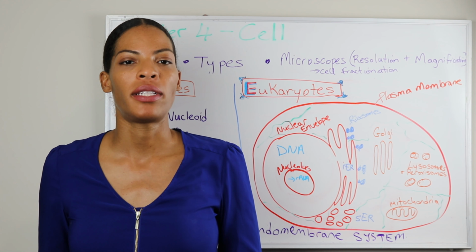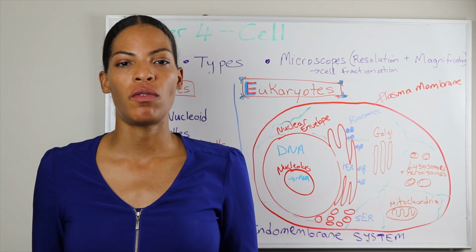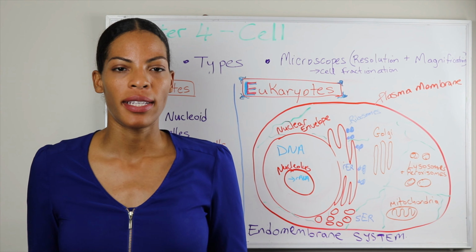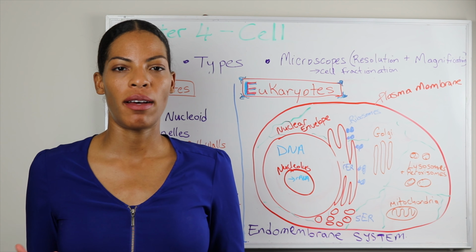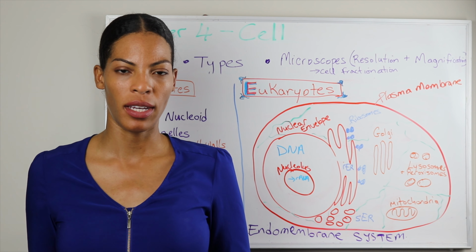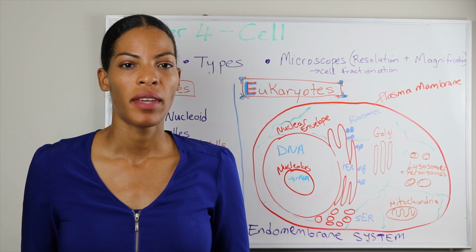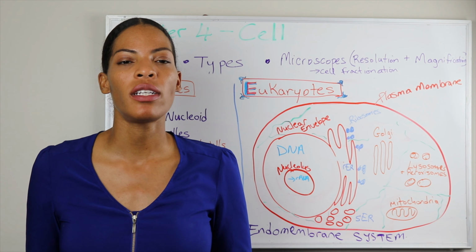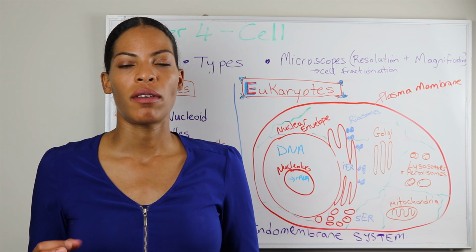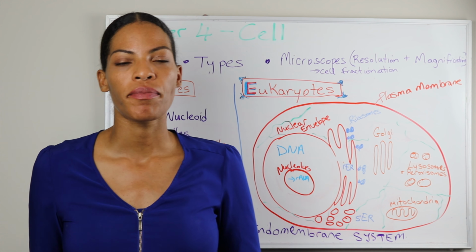Resolution is another important aspect of microscopy, which is using microscopes to view smaller objects like cells. Resolution is the ability to see clearly between two points that are close together. So the easier and clearer it is to see really small components of a structure, the better the resolution is.